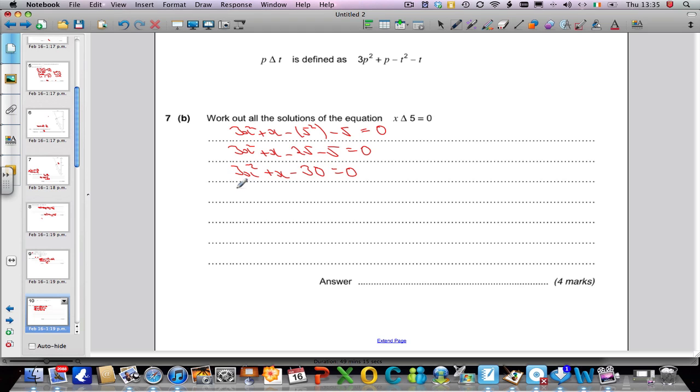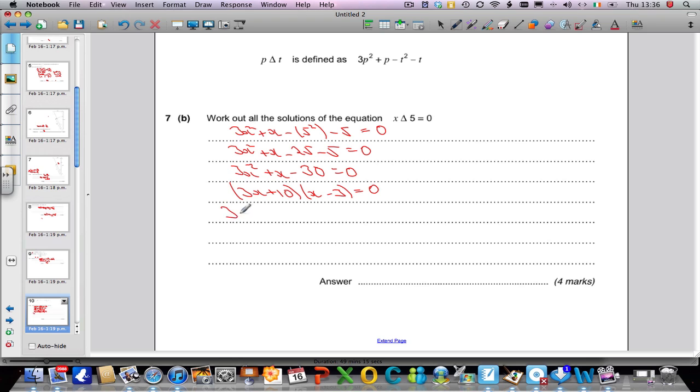Okay, so we're going to factorize now. And when we factorize, we get 3x plus 10 and x minus 3. And that should be equal to 0. So we've got the product of two terms equals 0, which means one or both must be equal to 0.